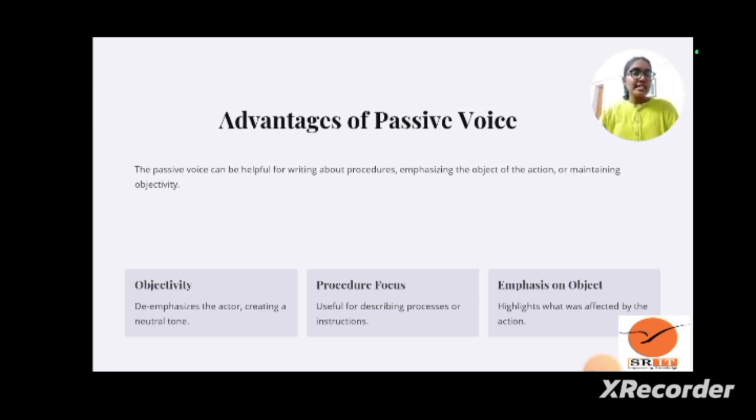Now let's see the advantages of passive voice. Passive voice helps in writing about procedures, where the subject is neglected, and it emphasizes the action done on the object, which maintains objectivity. So let's see, why do we need passive voice?